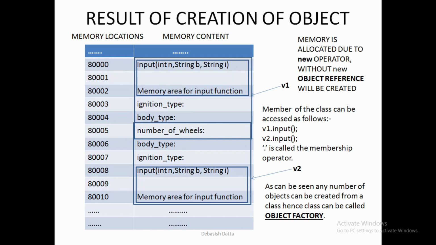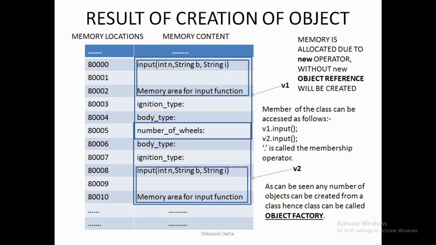Each storage location is identified with a unique number which is known as the location or address of that storage place. Now whenever we create an object, a particular amount of memory gets reserved.